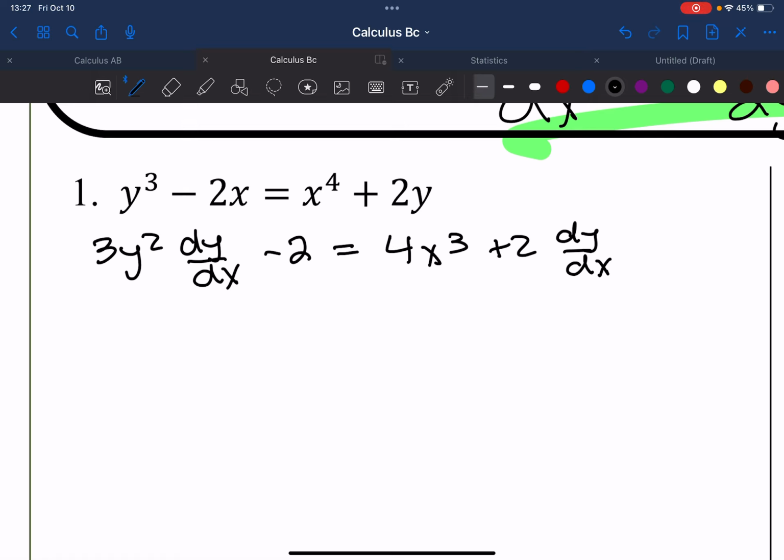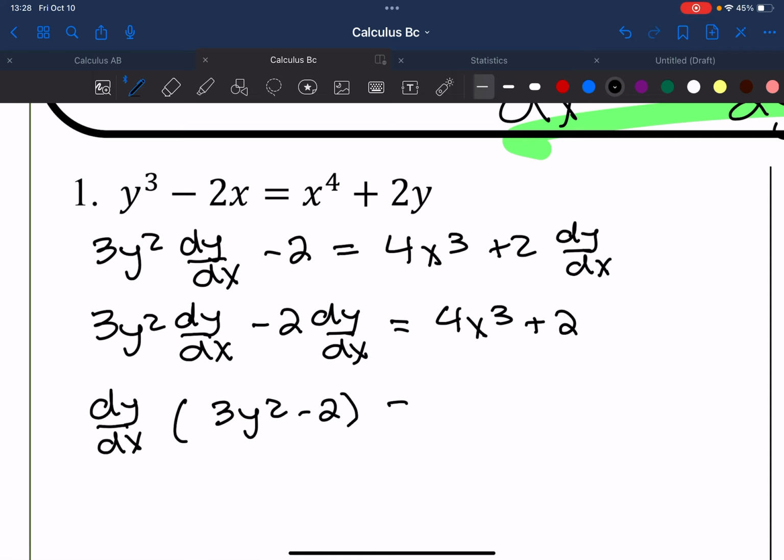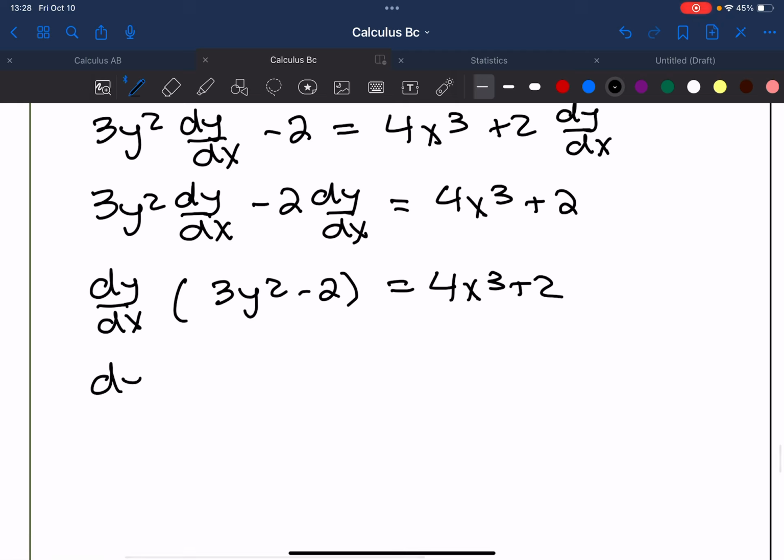So I have 3y squared dy/dx minus 2 dy/dx is equal to 4x cubed plus 2. Then I get dy/dx by itself by factoring it out. So I have dy/dx times 3y squared minus 2 is equal to 4x cubed plus 2. So I get dy/dx is equal to 4x cubed plus 2 divided by 3y squared minus 2.